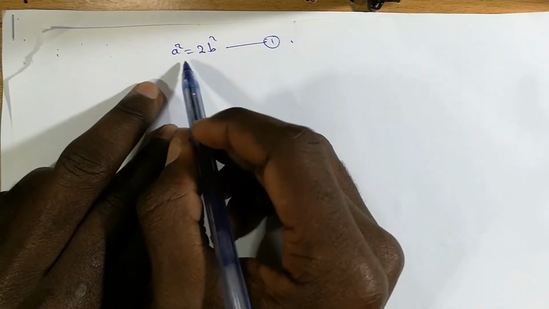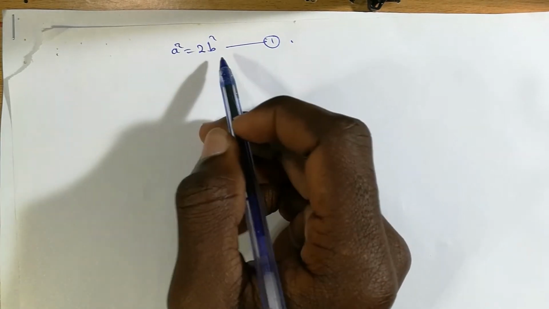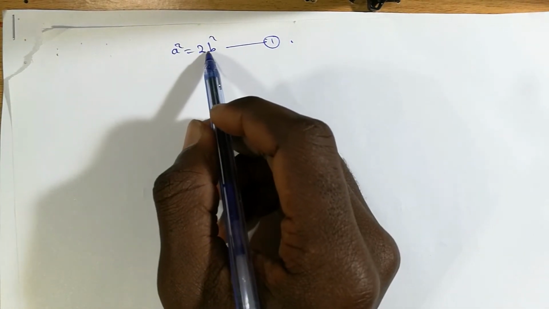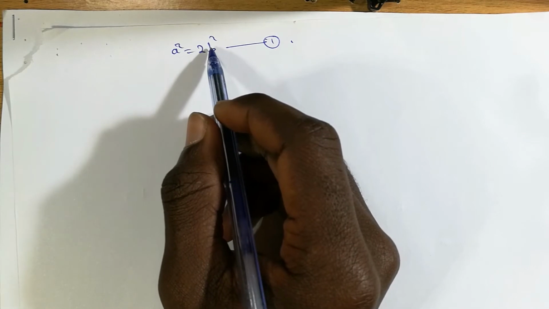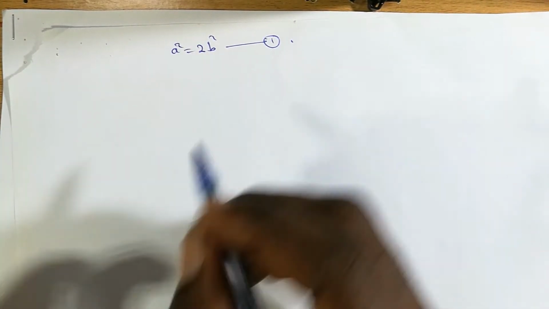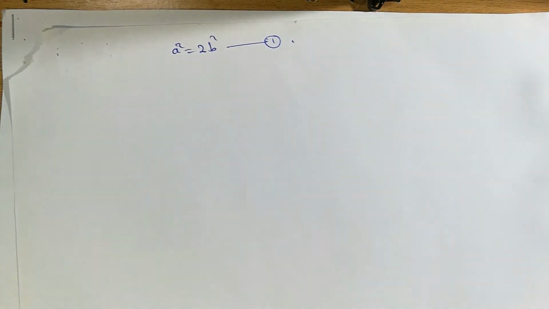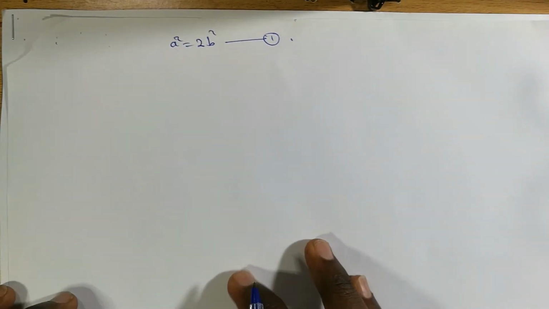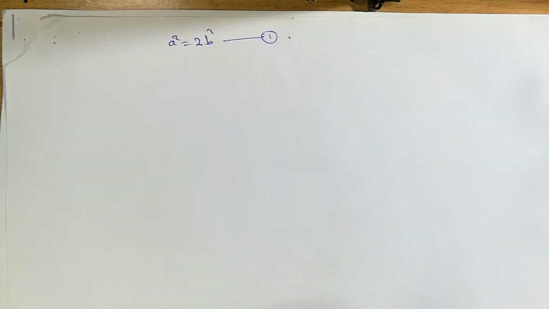From here, we can see that a squared is even, since it's multiplying the square of the integer b by 2. That means a squared is a multiple of 2, and any number which is a multiple of 2 is even.